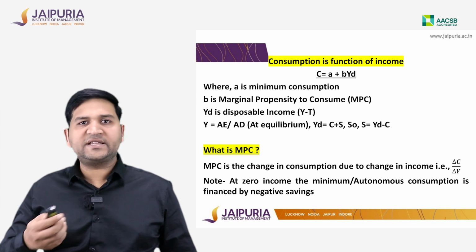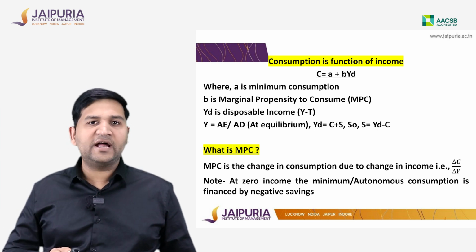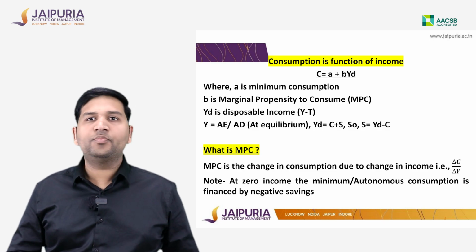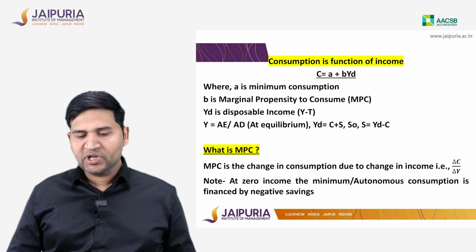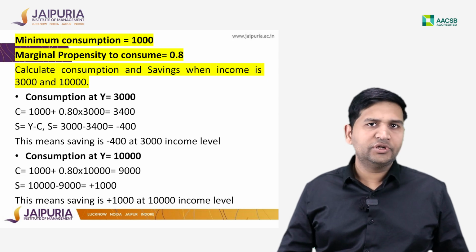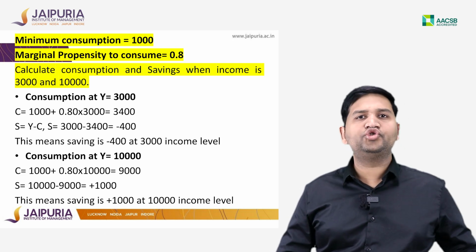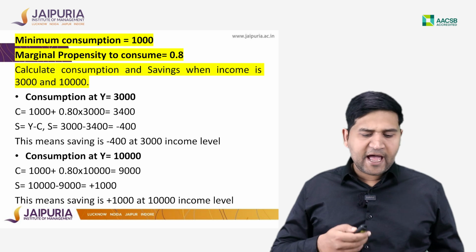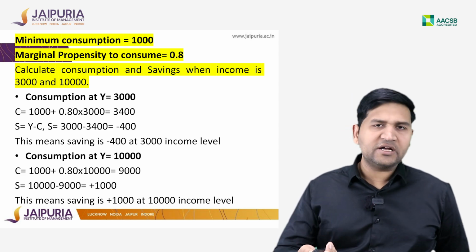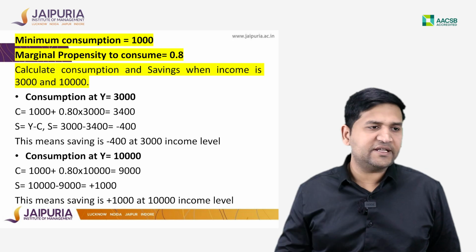Let's understand consumption function and how to arrive at total saving in the economy with the help of a numerical example. Let's say minimum consumption in the economy is 1000 and marginal propensity to consume is 0.8, and you have to calculate consumption and saving when income is 3000 and income is 10,000.